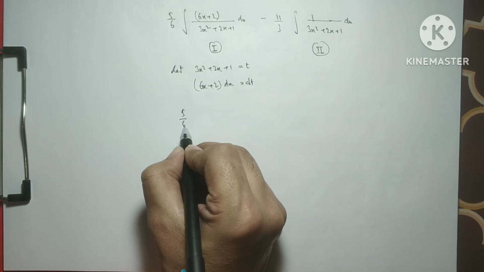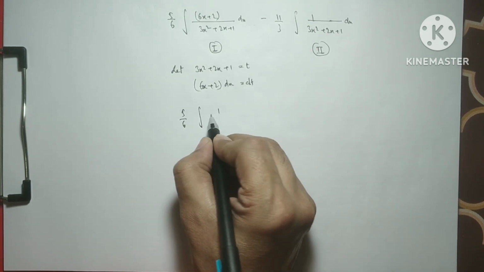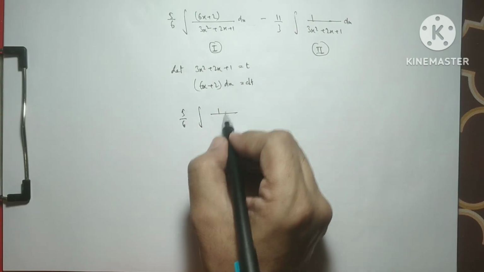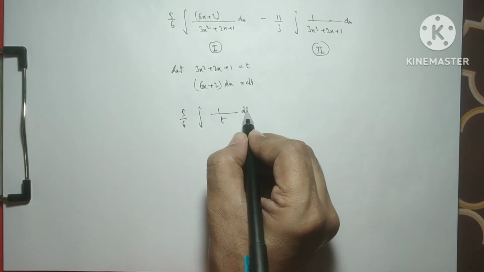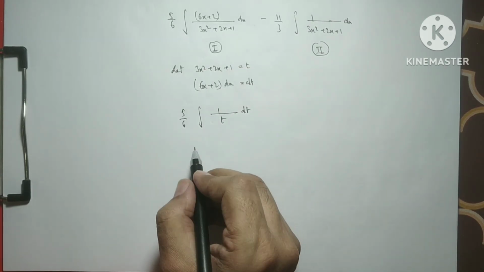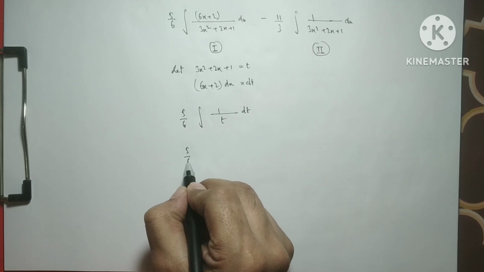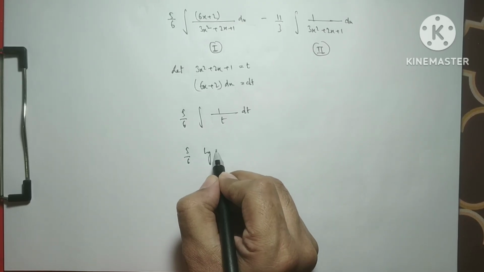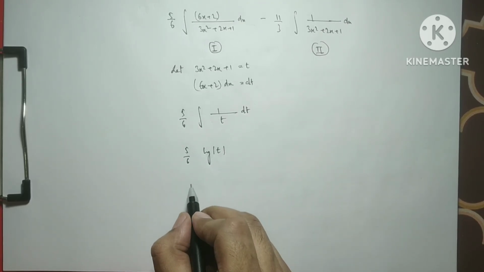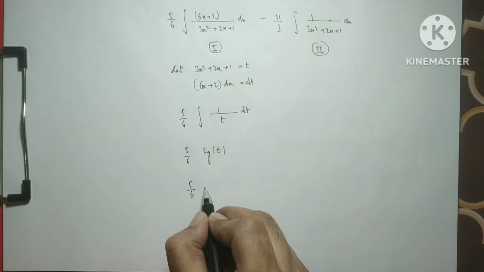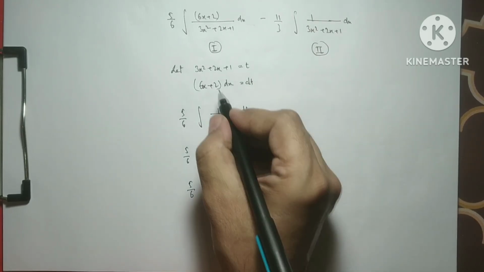So it is 5 by 6, 1 over t dt. So it always converts into log. So it is log t, and we get 5 over 6 log of t. T means it is this.